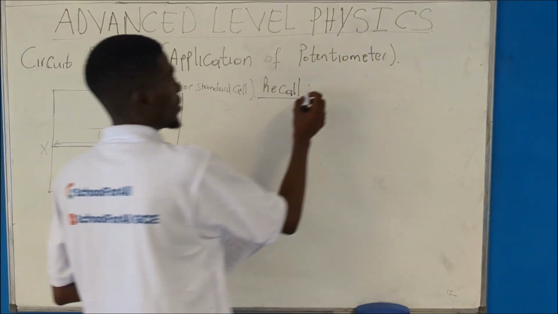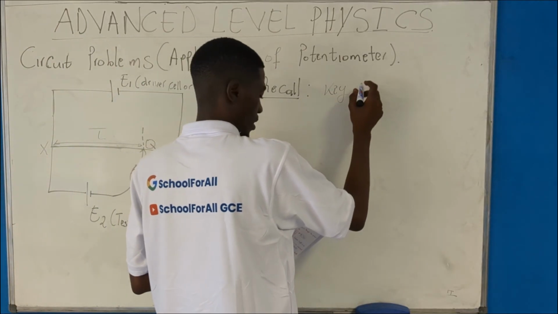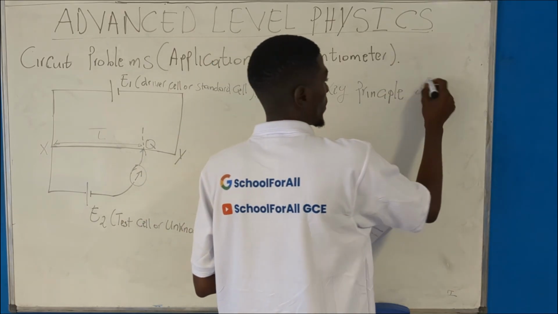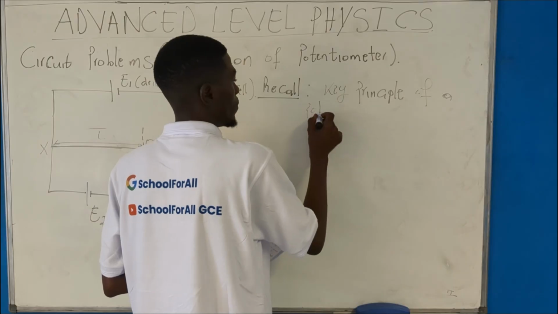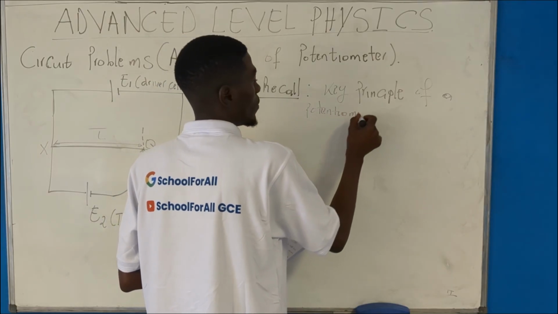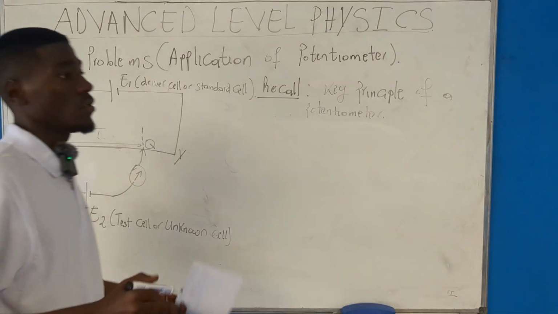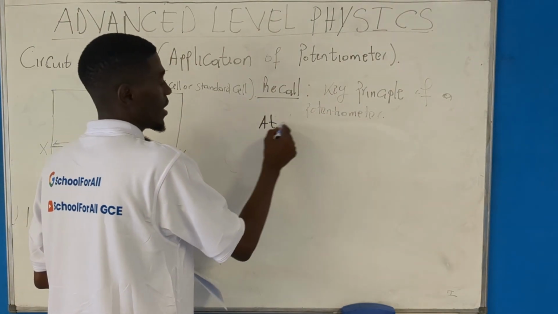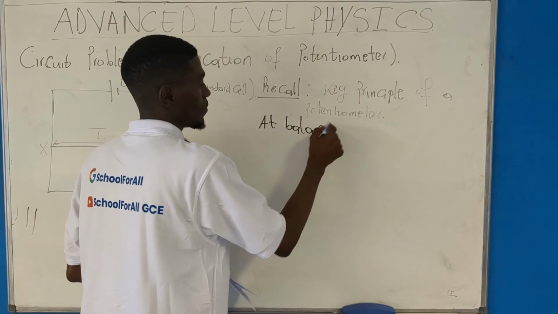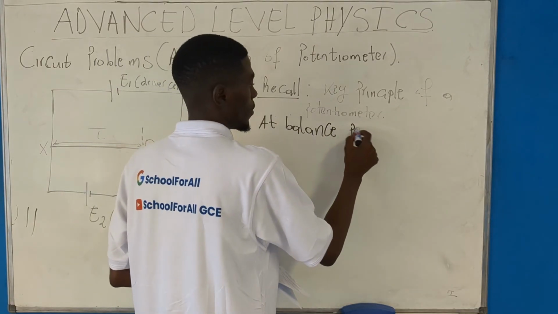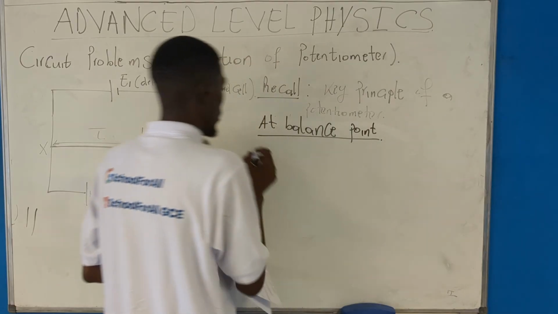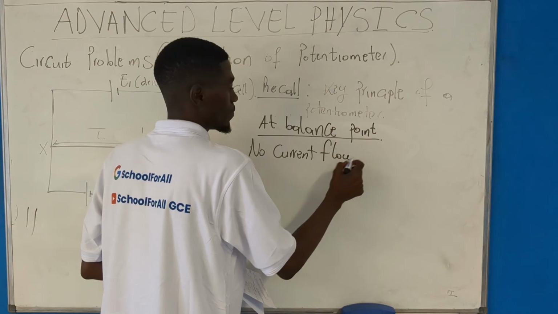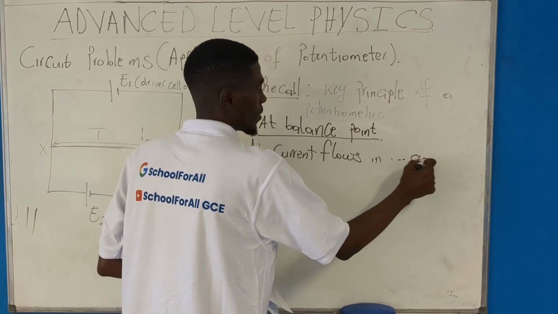The key concept, the key principle of a potentiometer, is that at balance point, no current flows in the galvanometer.